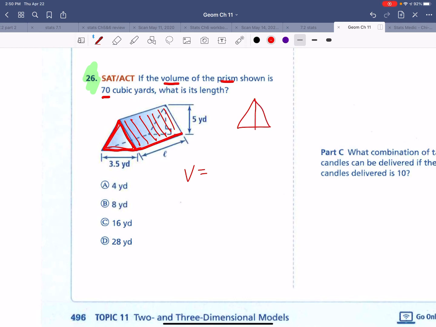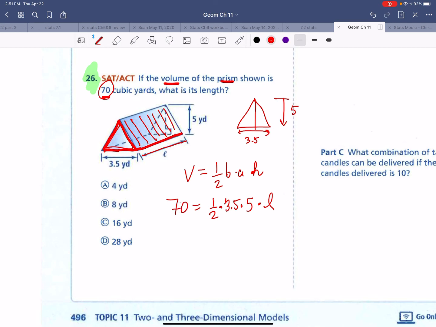Okay, so 1/2 base times altitude. Our base is 3.5. It looks like our altitude is 5, so that's nice. So I can just plug these in. And then however high you stacked it. Well, we stacked it lengthwise. So you can call that H or you can call that L. Now they said the volume of this is 70 cubic yards.